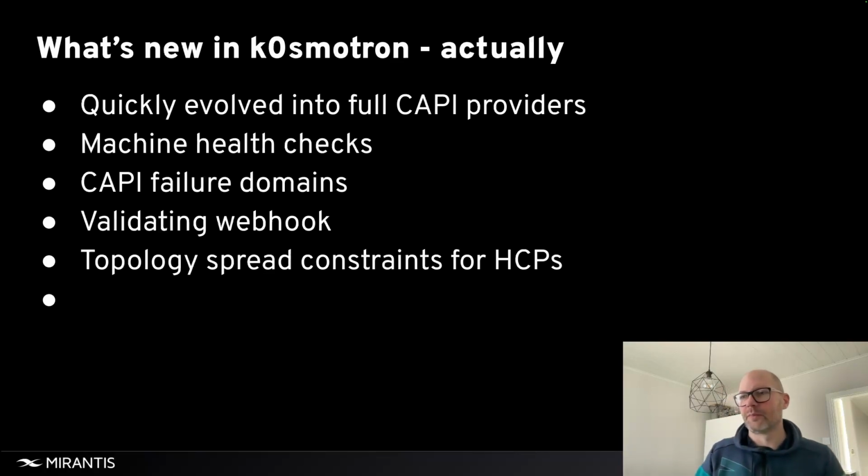And we've also implemented support for topology spread constraints for the hosted control plane use case. So basically it allows you to tell how you want to balance the pods between zones and nodes and whatnot, giving you more control over how to spread things.